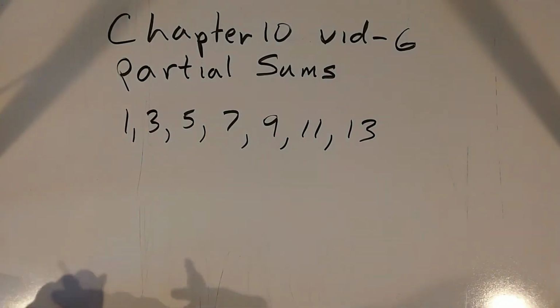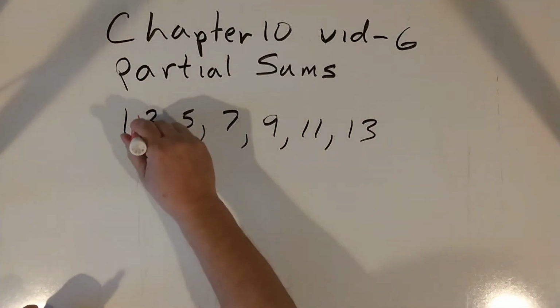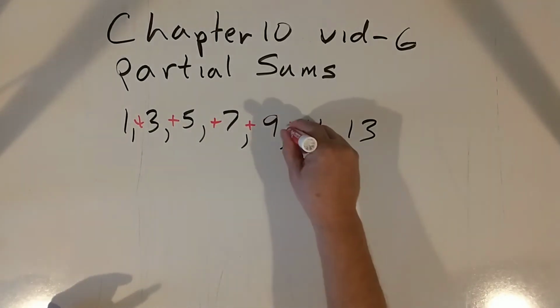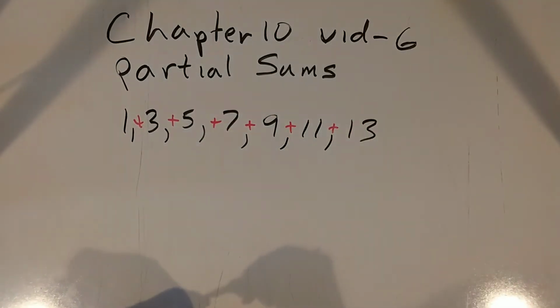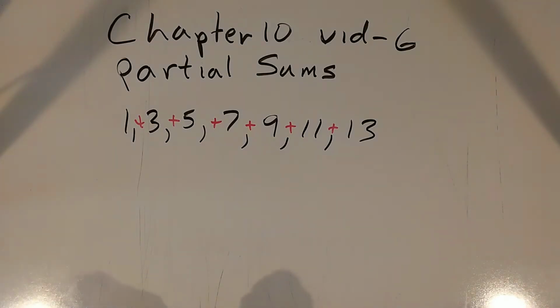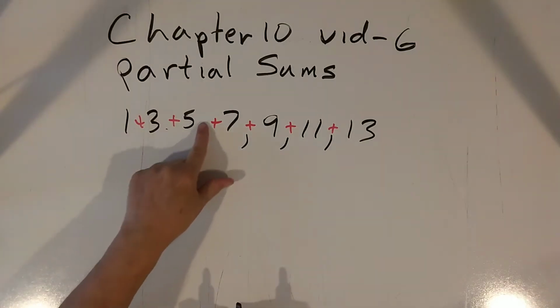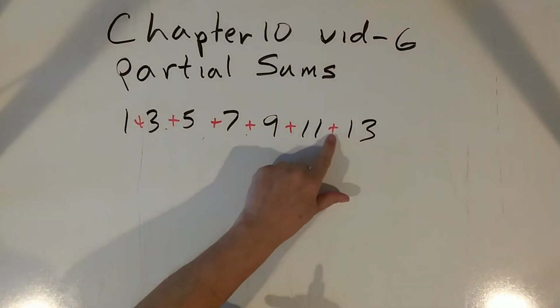If we were to put a plus sign in between, then we would be adding up the list of numbers. And that would give us sums. And so a partial sum, we'll remove the commas because now we're separating with a plus sign.